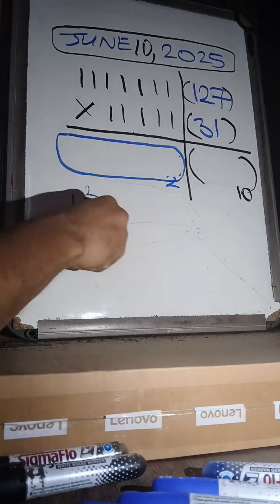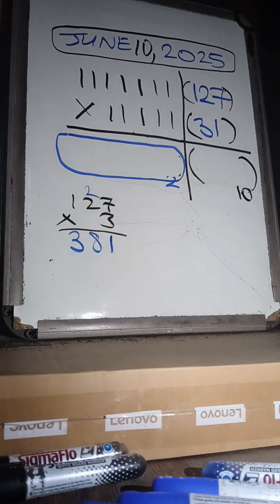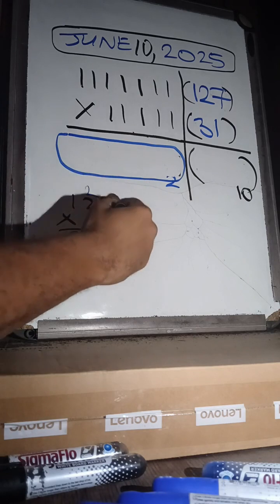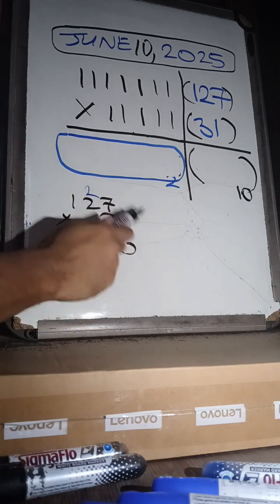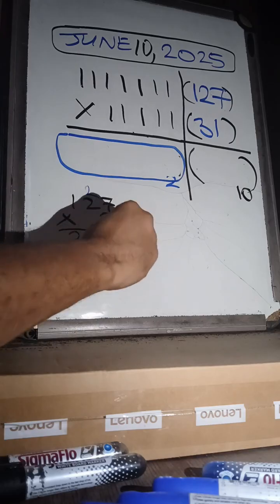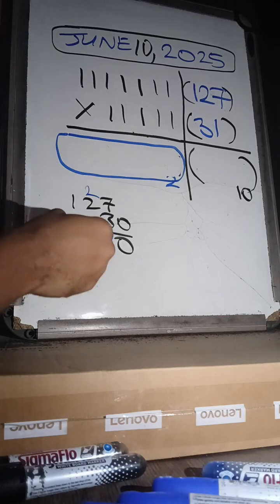We have 8 here. Alright, so we have 381. So therefore, if we're multiplying this by 30, the number is 3,810. Alright? All we have to do now is multiply that by 1 now.